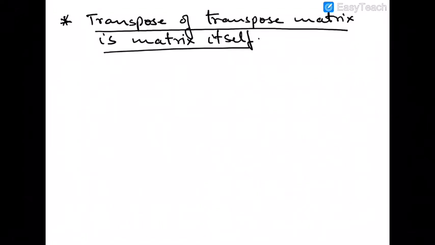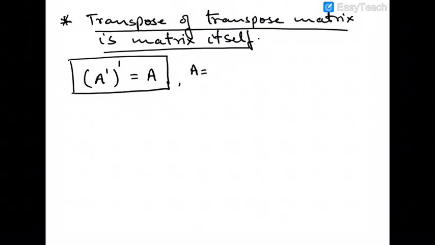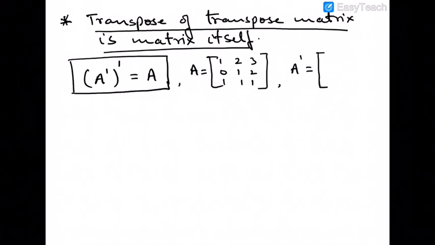Now the transpose of a transpose matrix is the matrix itself. Let's take the matrix 1, 2, 3, 0, 1, 2, 1, 1, 1. Then its transpose will be 1, 0, 1, 2, 1, 1, 3, 2, 1.